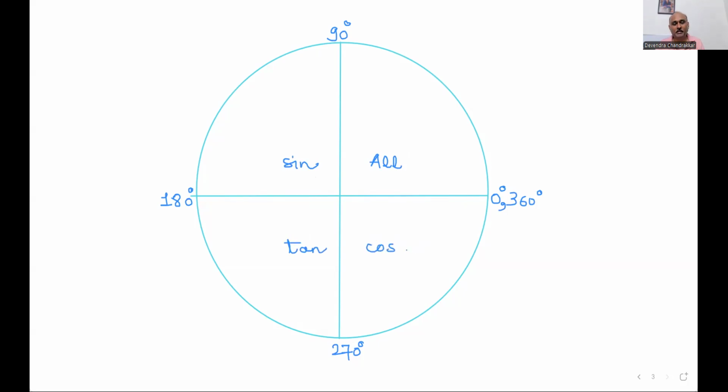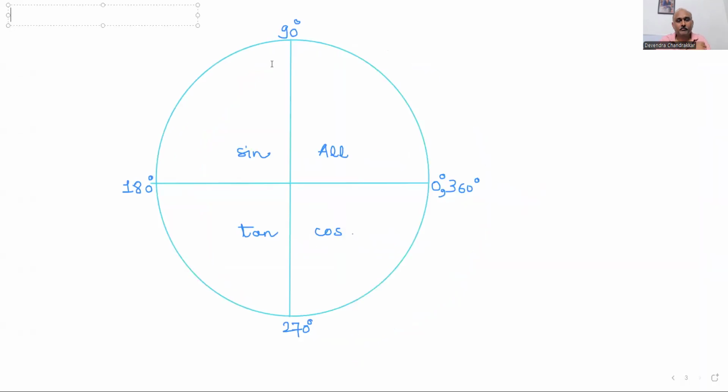Now what does it mean? चलो आ जाओ. So always remember, trigonometric values of all the angles in the first quadrant.